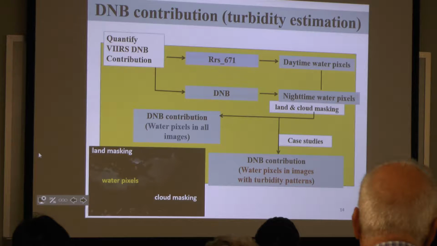There are two different contributions. The first one is water pixels in all images, and this one will tell us daylight band's ability to detect the water pixels. The second one is daylight band contribution for water pixels in images with turbidity pattern. This estimation will tell us the contribution in terms of turbidity estimation.